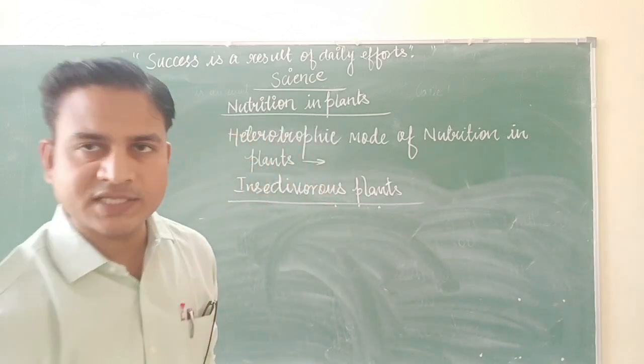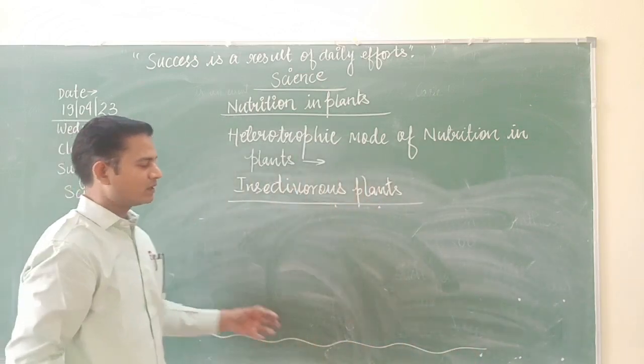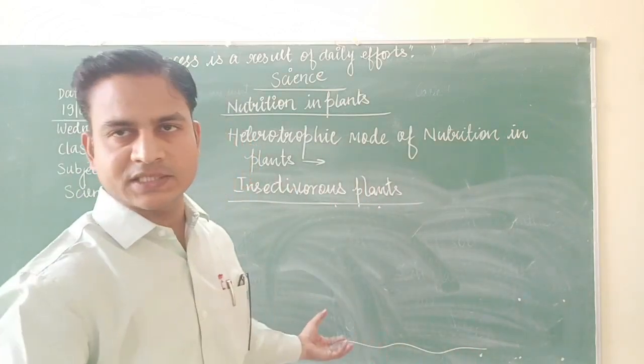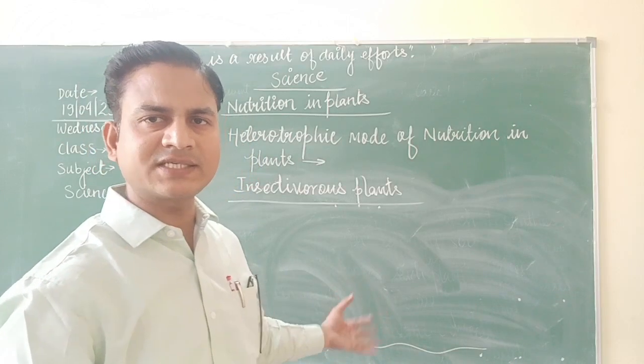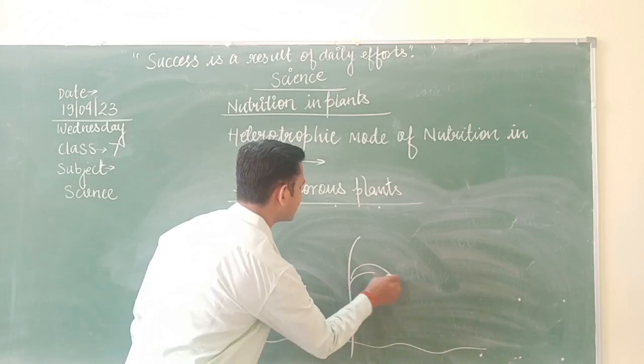See children, for example, there is a soil. In this soil, nitrogen quantity is less. The amount of nitrogen nutrient is less. And there is one plant growing over here. This is, suppose, a pitcher plant.